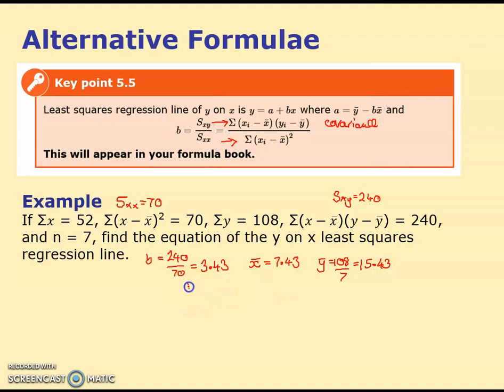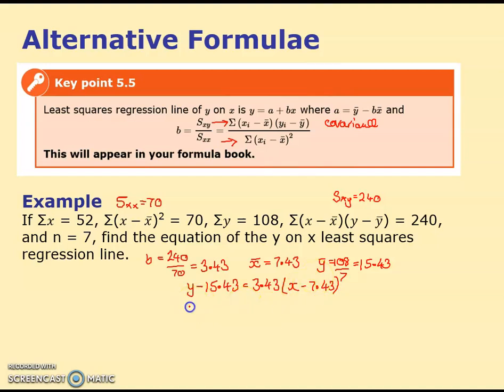So therefore I get my equation: y minus y bar equals my b times my x minus x bar. And presumably I can just multiply this out.